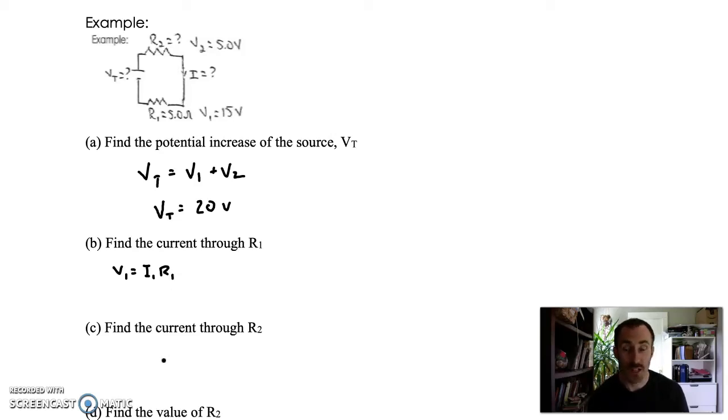Ohm's law is going to be really useful for solving all sorts of components in circuits. So we know that V1 is 15 volts. That's the amount of potential that's used by that resistor. We don't know the current, but we're going to solve for that. And we know R1 is 5 ohms. And so we're going to figure out the current by taking 15 volts divided by 5 ohms. So the current through resistor 1, we call that I1, is equal to 3 amps.